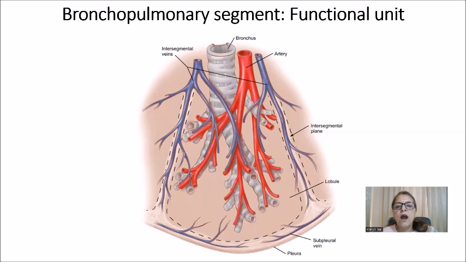It contains an artery, vein, and bronchus. The bronchus here is the tertiary bronchus, which is aerating the bronchopulmonary segment, while the segmental artery is derived from the pulmonary artery. These 2 structures lie buried in the parenchyma, while the vein runs in the connective tissue which divides the 2 segments. So the vein is intersegmental and drains adjacent segments.